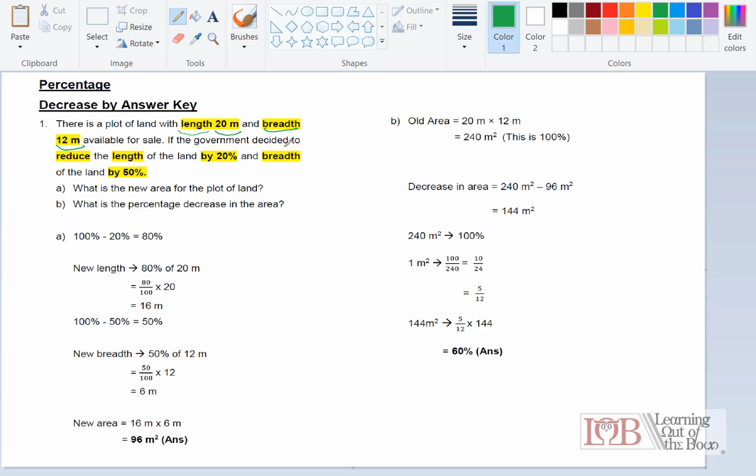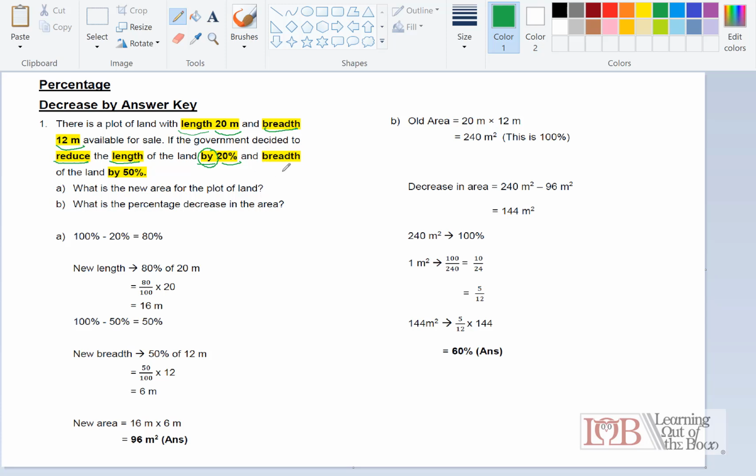If the government decided to reduce or to decrease the length by 20%, take note, this is reduced by. There's a big difference compared to reduced to. Reduced by 20% means that you cut away 20%.